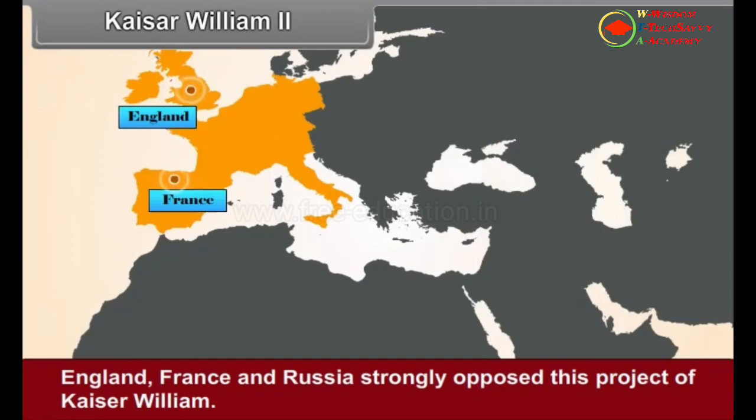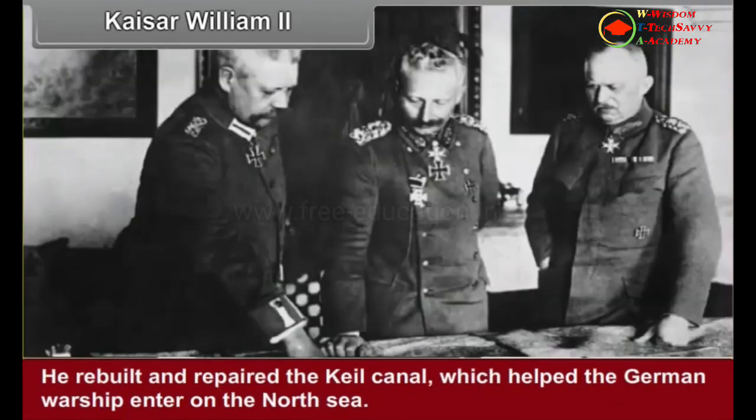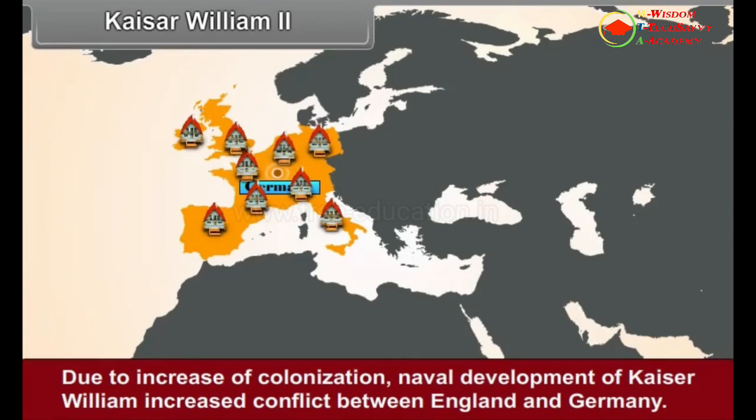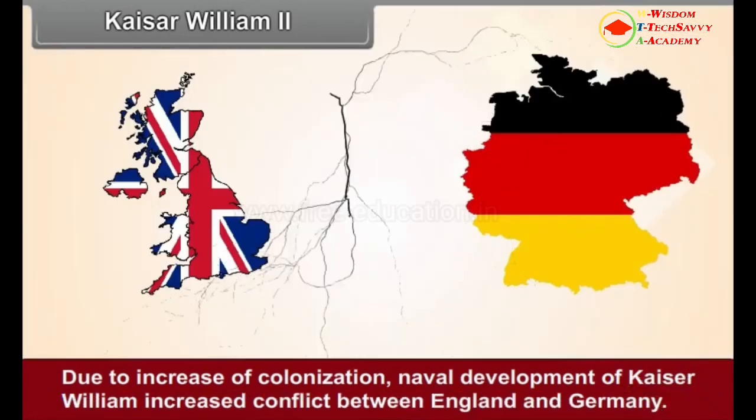England, France and Russia strongly opposed this project of Kaiser William. That is why he could not complete the Berlin-Baghdad railway route. He rebuilt and repaired the Kiel Canal, which helped German warships enter the North Sea. Due to increased colonization, the naval development of Kaiser William increased conflict between England and Germany.